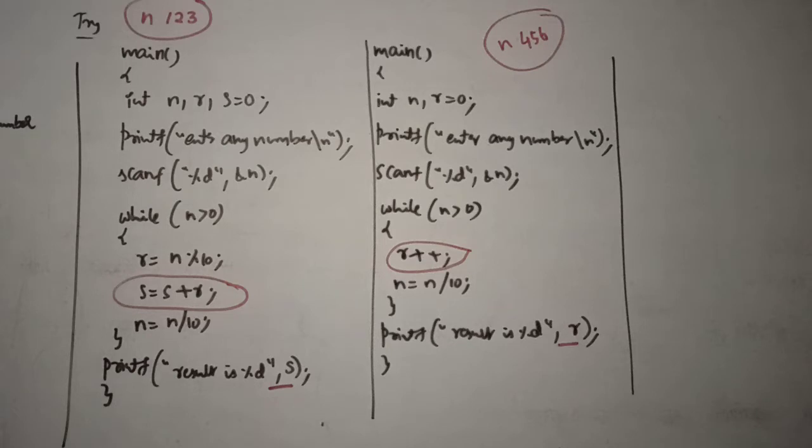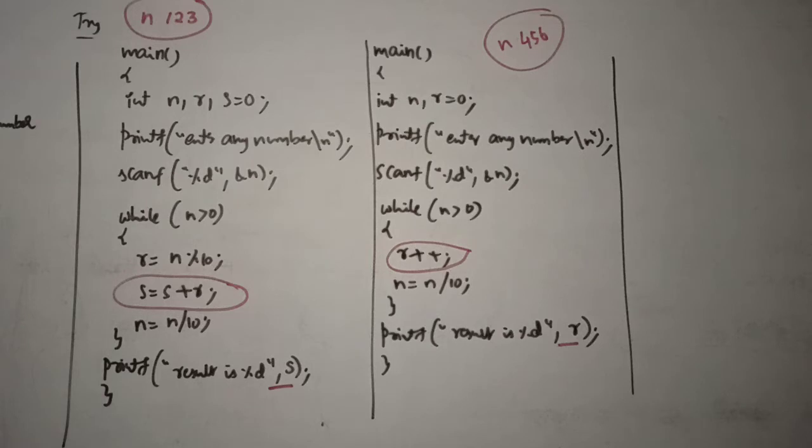This is nothing but the sum of individual digits of any number. If your input is 123, your output is 1 plus 2 plus 3 is equal to 6.